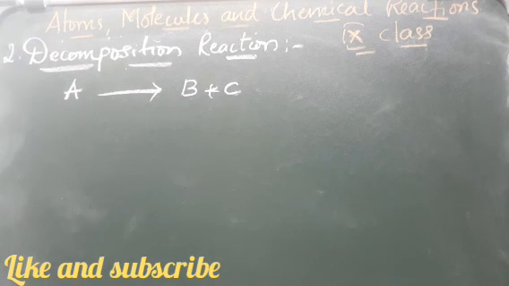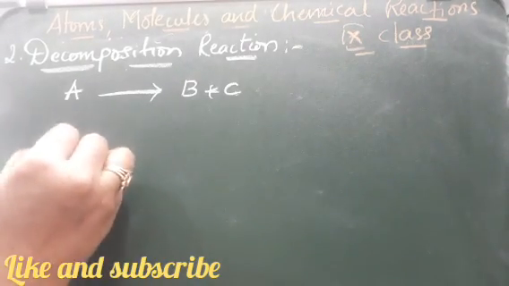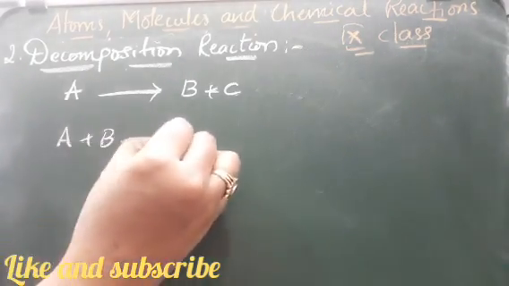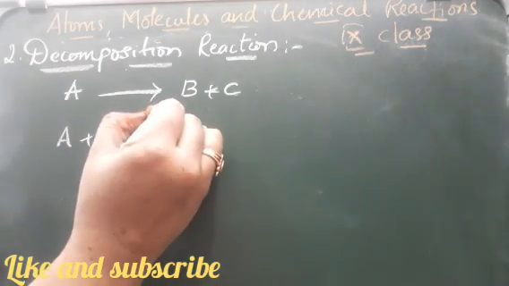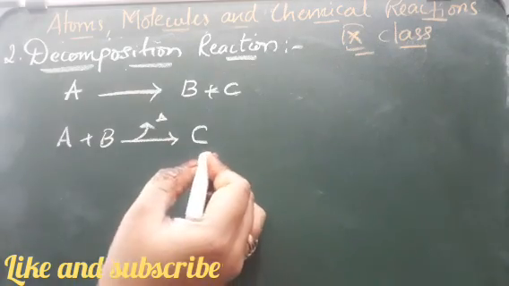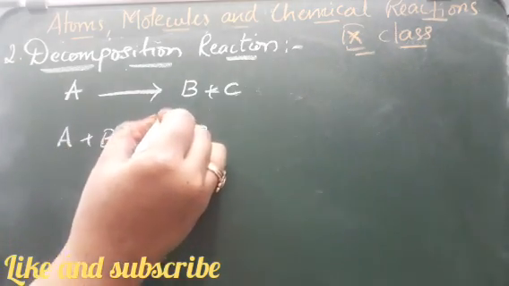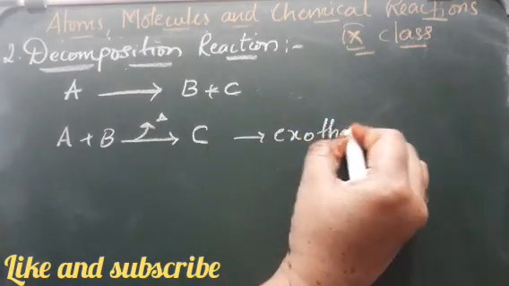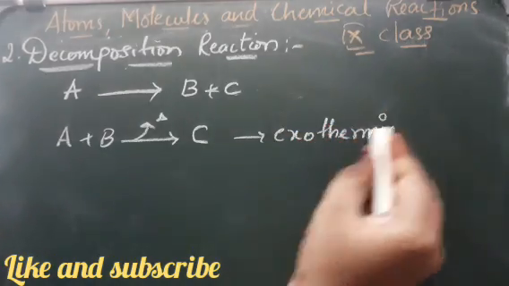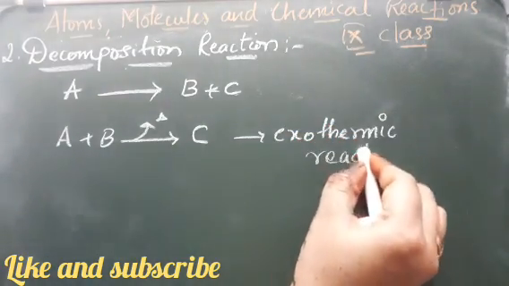Suppose a reaction is taking place in which A and B react and form a product C and release heat. Then this reaction is called an exothermic reaction.